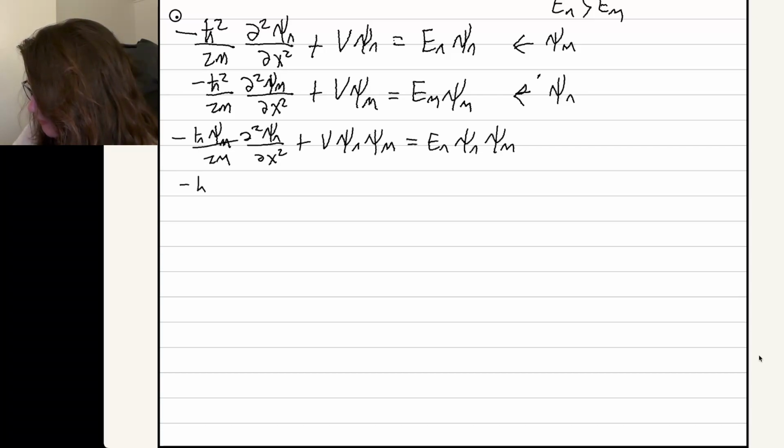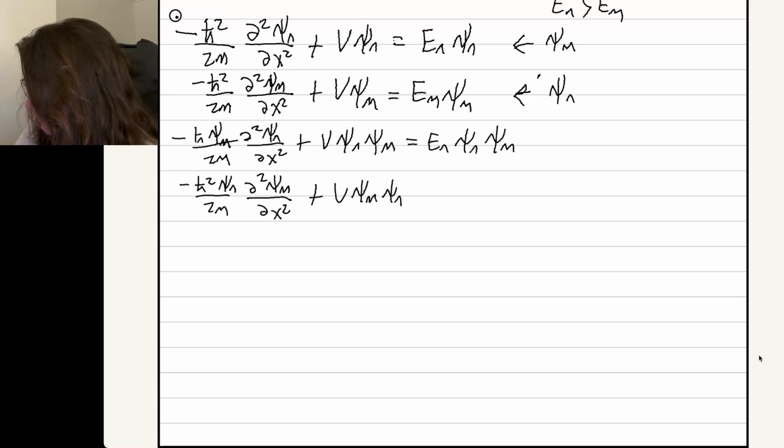And the bottom equation now has a psi n here. That's still over 2m, and it's del squared psi m del x squared plus V psi m psi n equals Em psi m psi n.